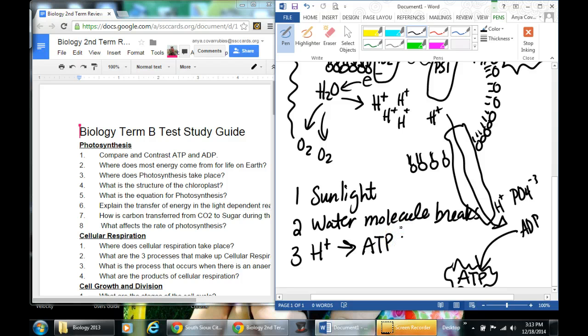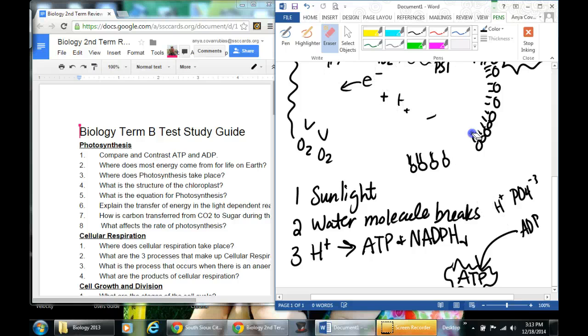So those are the three basic steps of what's happening. Also, the NADPH. So two energy molecules, really, ATP and NADPH. So that is your light-dependent reaction.